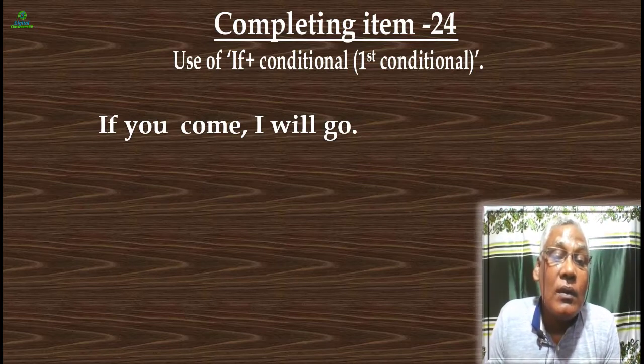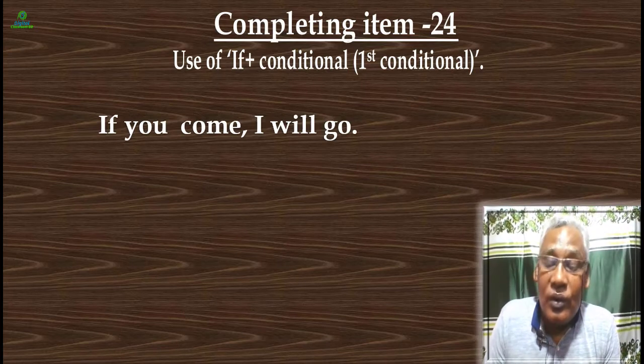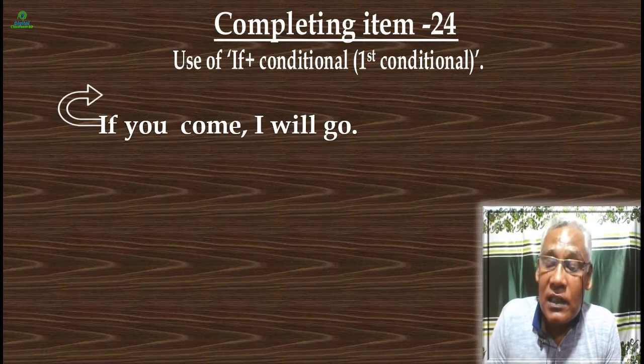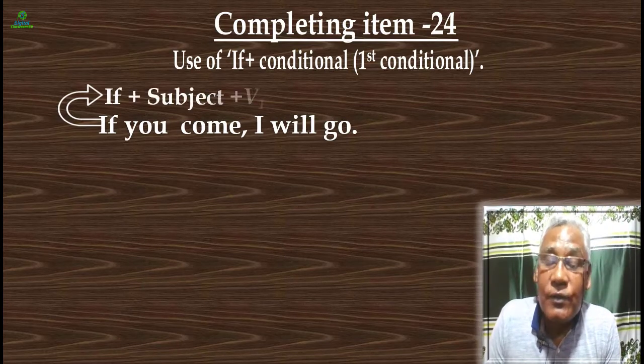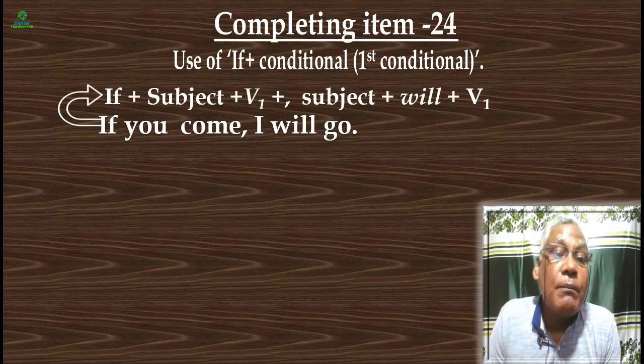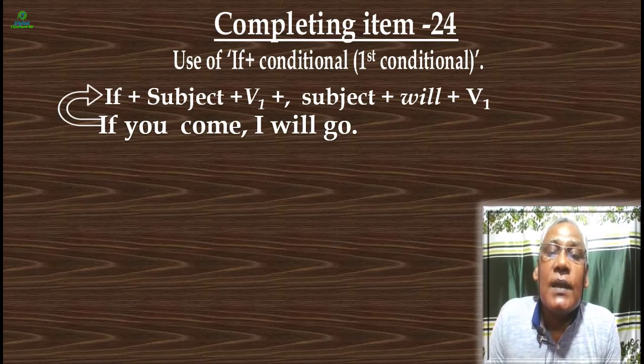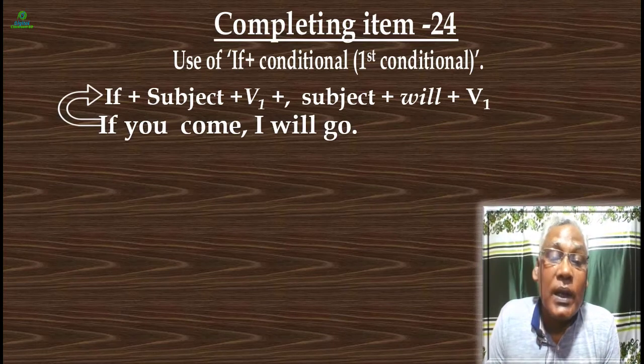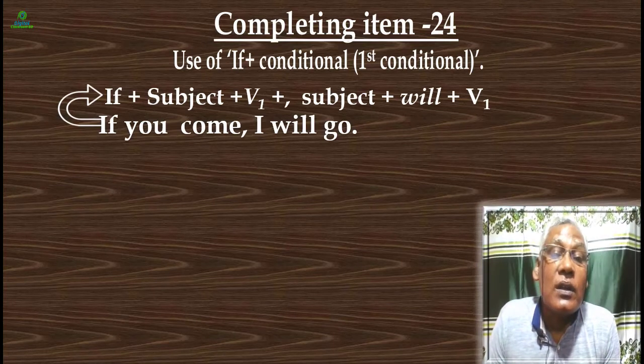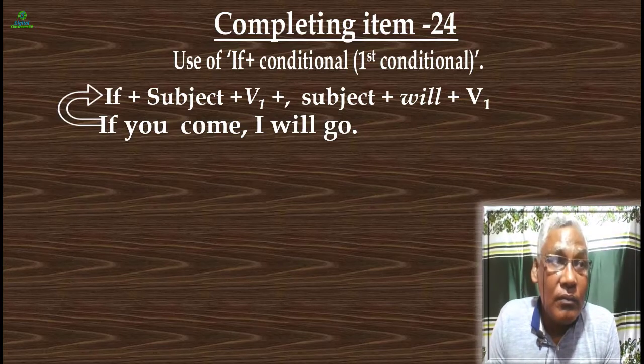If you come, comma, I will go. Okay, it's a conditional sentence. If plus present plus future, I think. So, if plus subject plus verb 1, plus subject plus will plus verb 1. This is the structure. Verb 1 means the present form of the verb.